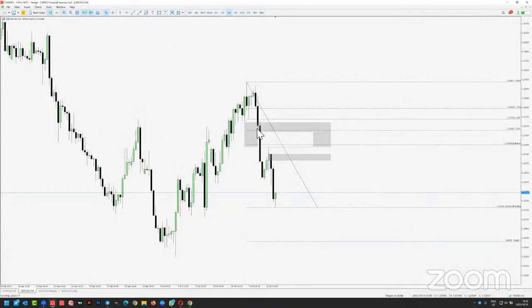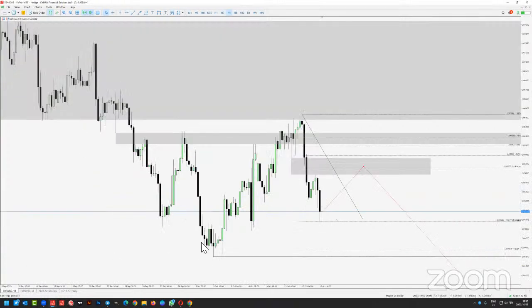We might have quite a few textbook setups in the market. So just be mindful of what you're trading and make sure you always trade in the direction of your higher time frame analysis.